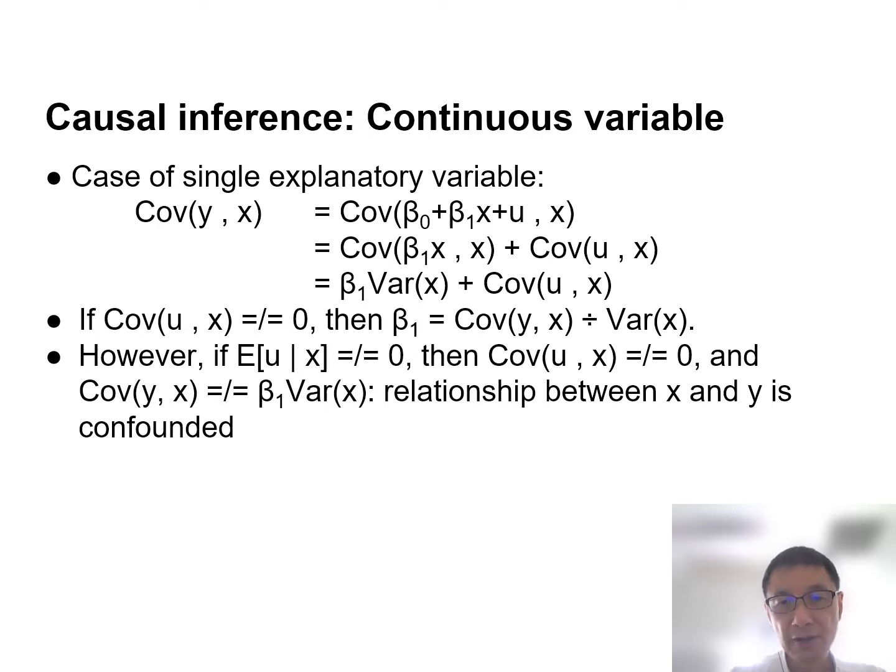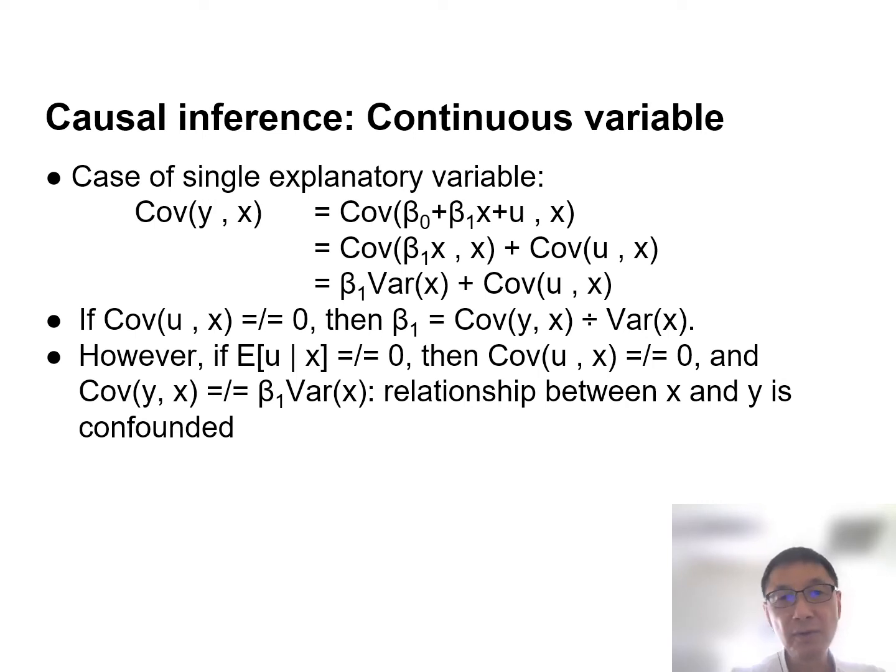The regression coefficient, the estimated beta subscript 1, will depend on the covariance between y and x, the covariance between the dependent variable and the explanatory variable. In the case of the linear regression, we can substitute for y beta subscript 0 plus beta subscript 1 times x plus u, the error term, the covariance of that with x.